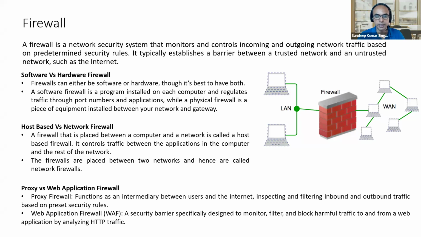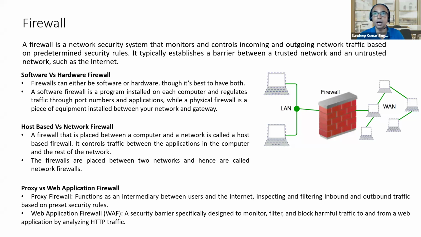And then we have a web application firewall, security barriers specifically designed to monitor, filter, and block harmful traffic to and from a web application by analyzing HTTP traffic, right? So a web application firewall is largely heard of in terms of cloud applications as well, but it is typically used for monitoring a web server, right?